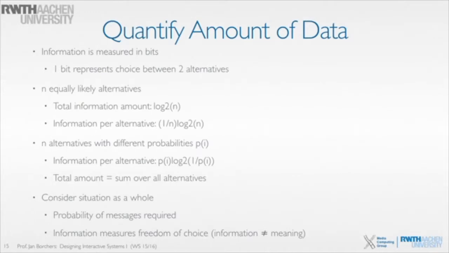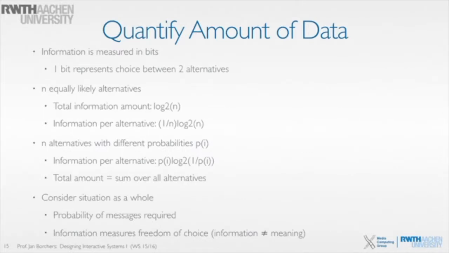And if the various alternatives are not equally likely, so not equally distributed, then each of them has a probability P of i, and the information per alternative is P of i times log 2 of 1 divided by P of i. If you sum that up, you get the total amount of information as the sum over all alternatives.